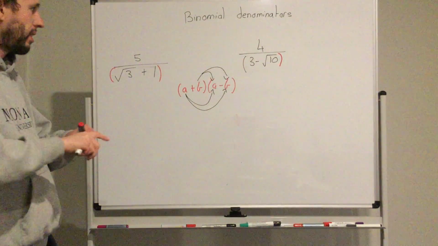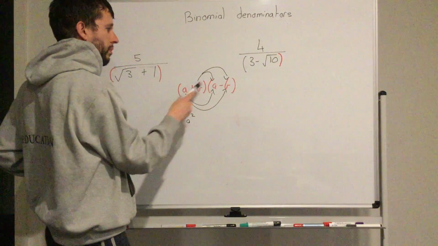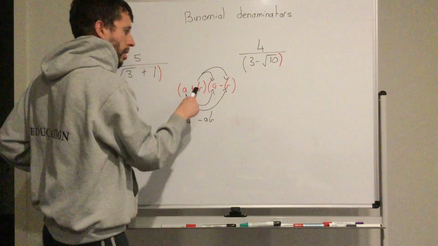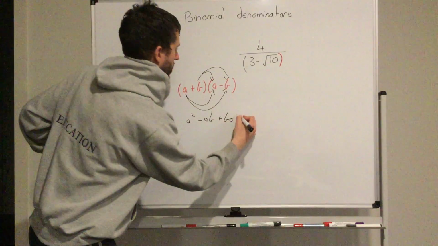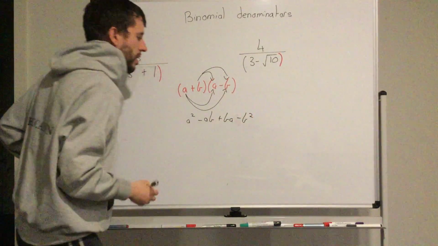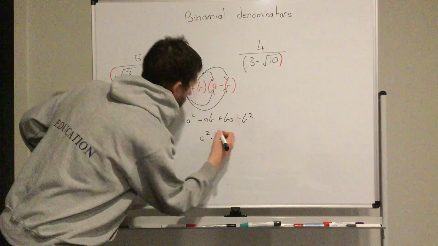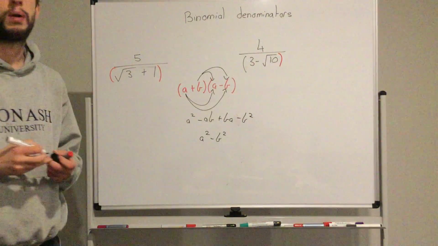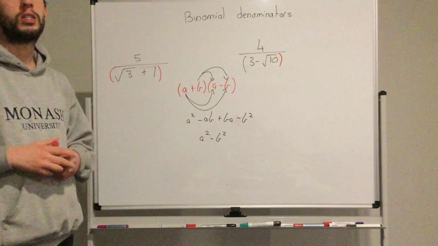I can expand that to show a squared take ab plus ba take b squared, and this simplifies to a squared take b squared, and this is what we are after to get rid of this binomial denominator and to get rid of this square root.